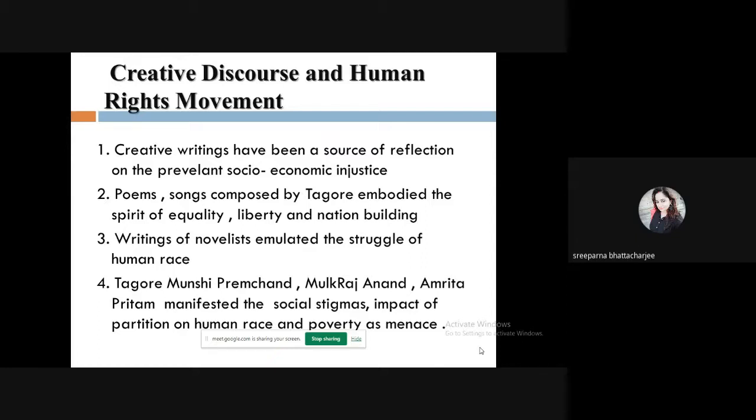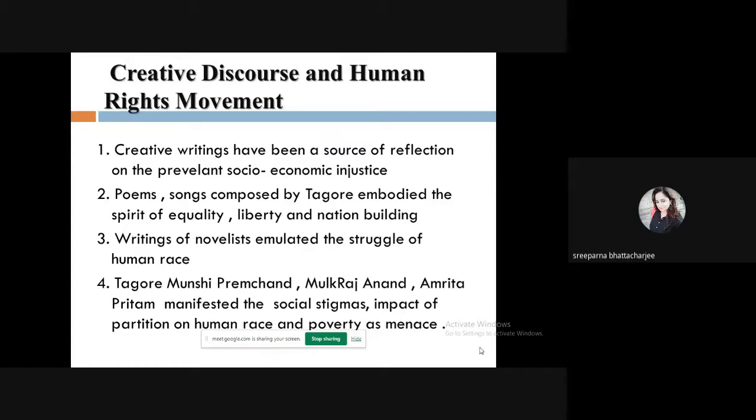So here I would like to cite Tagore for that matter. Because he was not a freedom fighter in the truest sense of the term, but he was a poet, a novelist, a writer, and he was acknowledged by the colonial rulers as well as the international society. But we find that his writings spoke about all kinds of socio-economic justice.